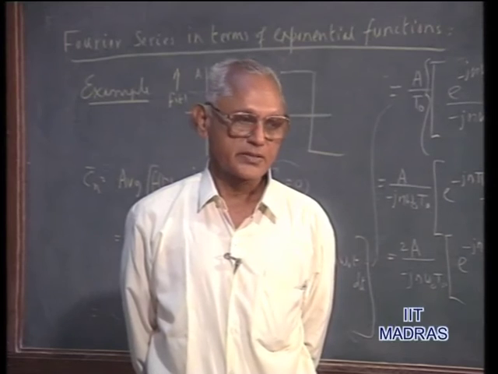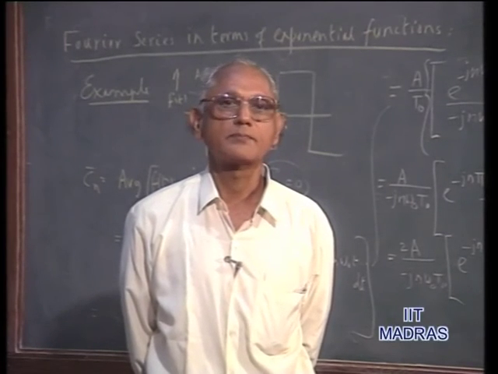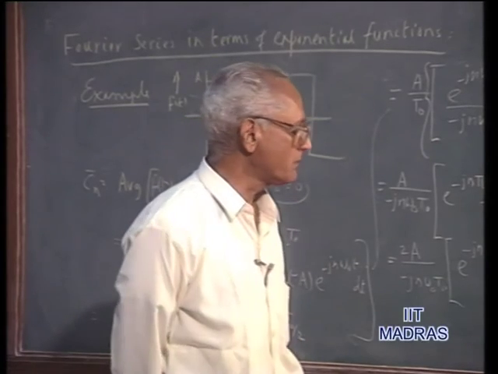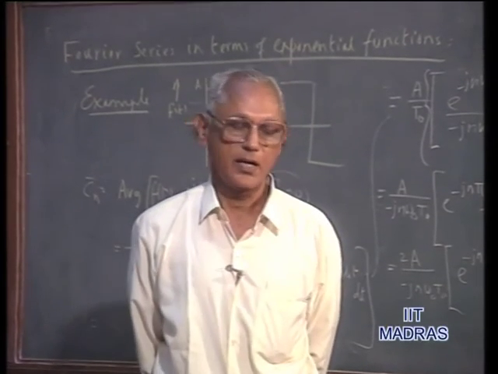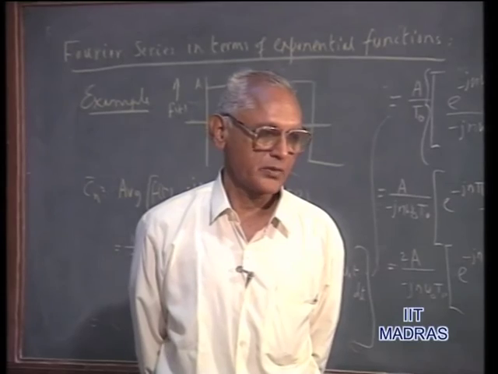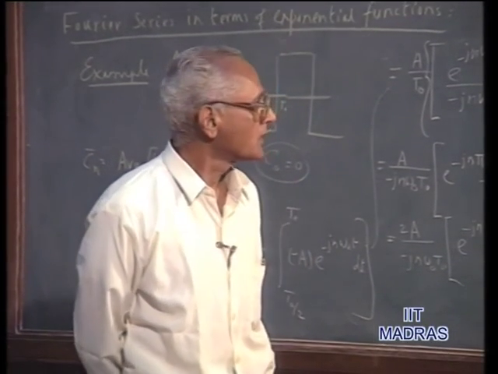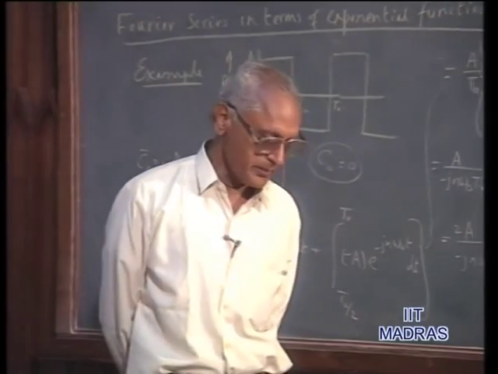And we said that expansion in this form is useful for us when we later go to the Fourier integral form, apart from its compactness and the fact that we have to calculate only one set of coefficients, that is Cn coefficients, instead of having to calculate An and Bn separately.